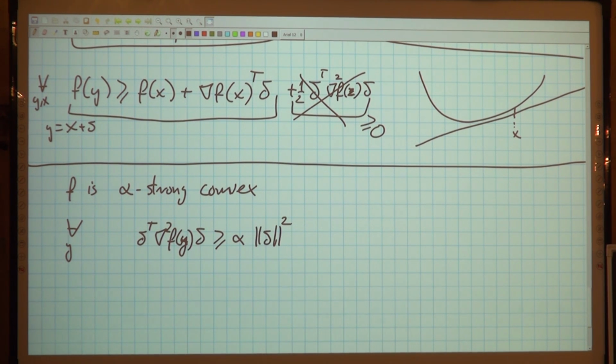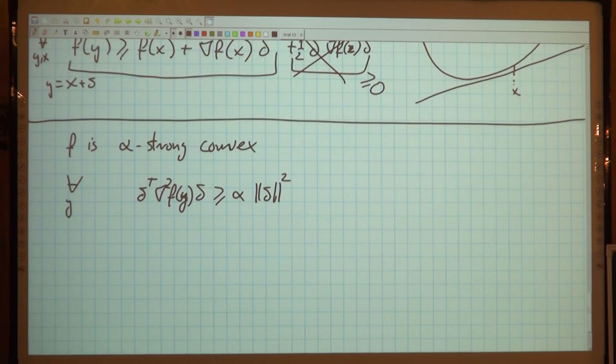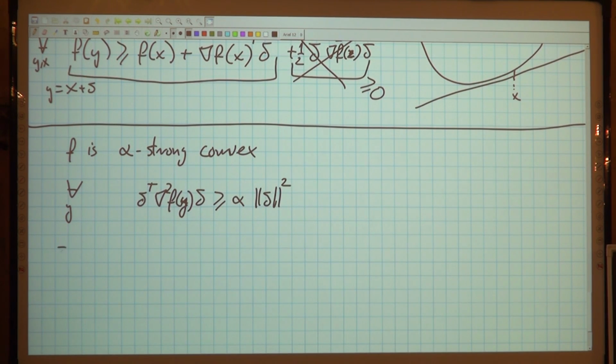So essentially, we are making this definition of convexity even stronger. What you get out of that, by the completely analogous derivation that we did for beta smoothness, is that for any points x and y, I can lower bound my function by a quadratic. So let me just write it down and I will explain.